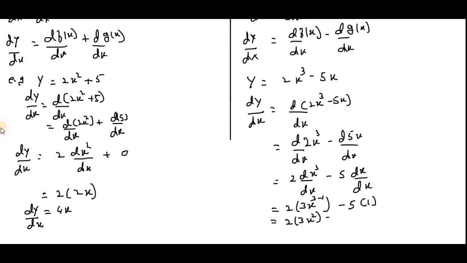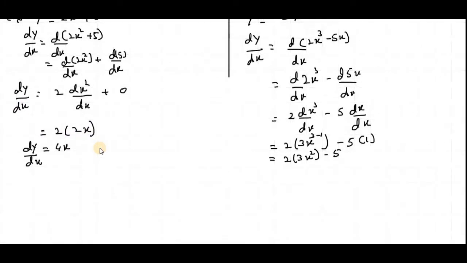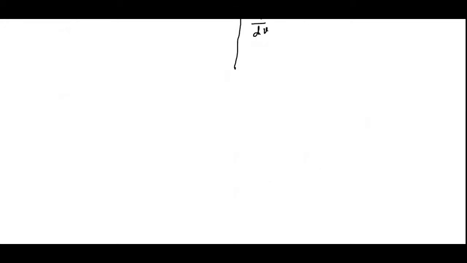So 2 into 3x square minus 5, and finally dy by dx is 6x square minus 5. This is the derivative when there is a subtraction rule.